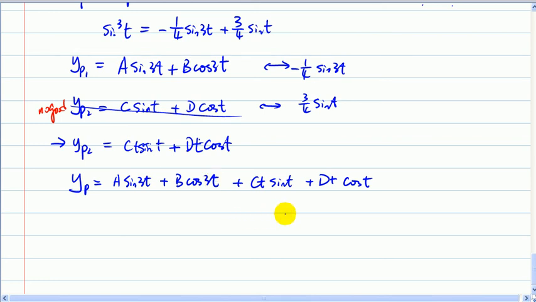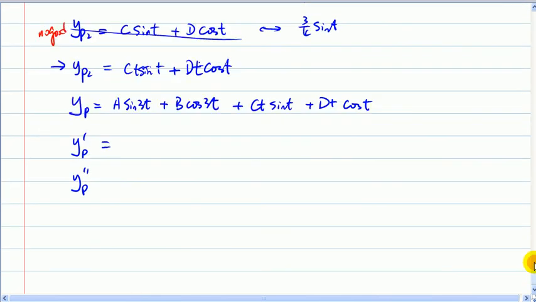So how do I solve that? Extra patience is required. Calculate yp prime and yp double prime.